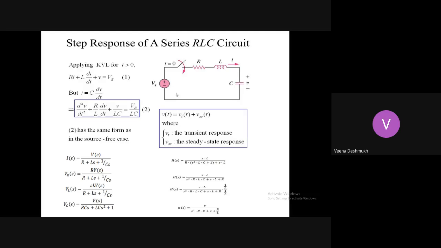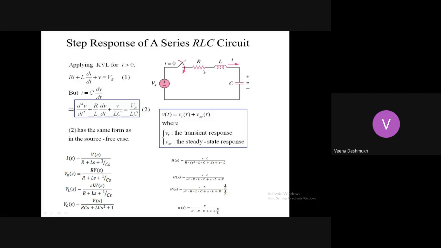Before this, I will take up the step response of a series RLC circuit, and how we come to that transfer function. So before that, we'll see the transfer function for this first. This is a simple RLC circuit with the step input V of S applied.